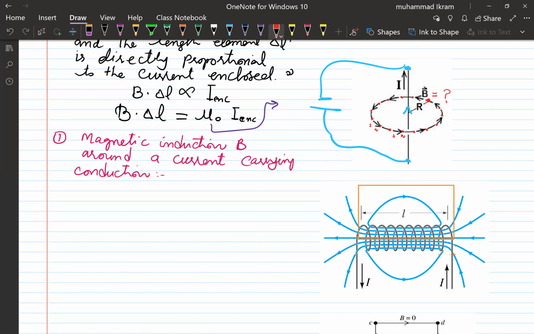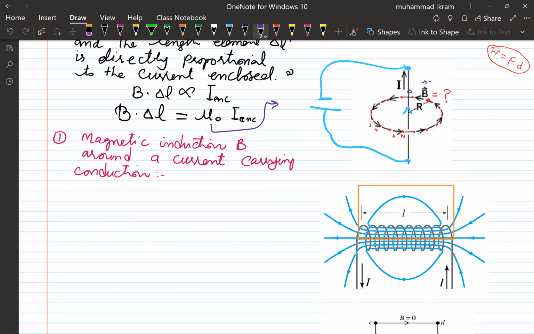Now this is only possible when the magnetic field B is along the length element. In the same way, as I told you, work is only done when force acts along displacement, or when the displacement is in the direction of the force. The same thing happens here. Now let us divide the entire length into length elements delta L1, starting right from here.